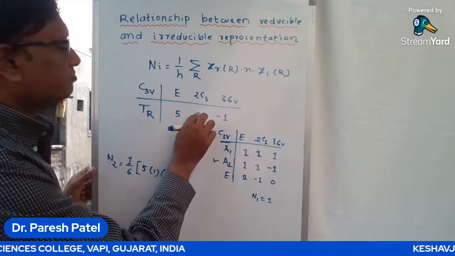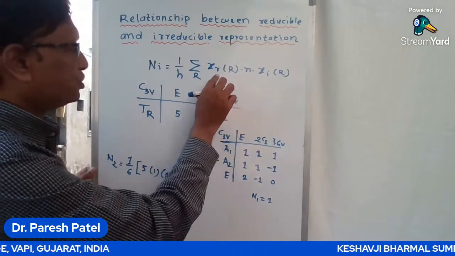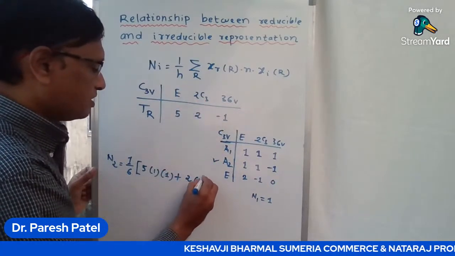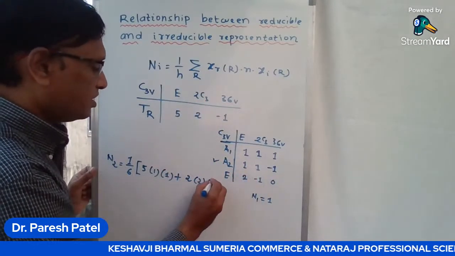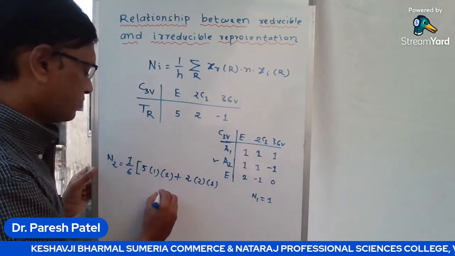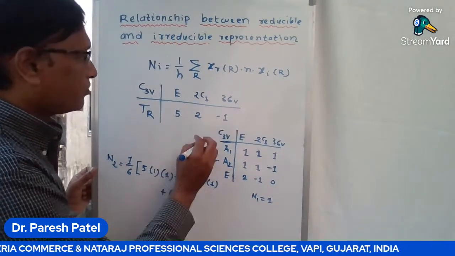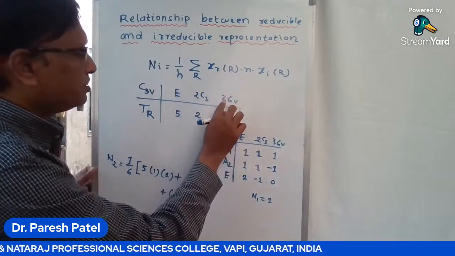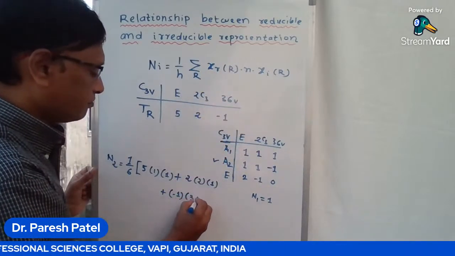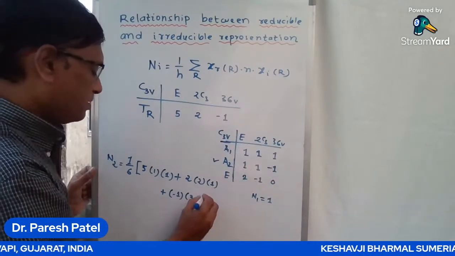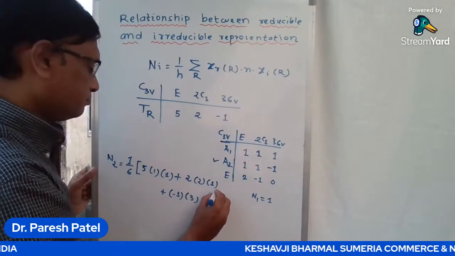Plus, the character for the reducible representation is 2, 2 is the number of that symmetry operation and 1 is the irreducible component. Plus, the character for the reducible representation, the number of this symmetry operation is 3, and the character for the irreducible representation is minus 1.